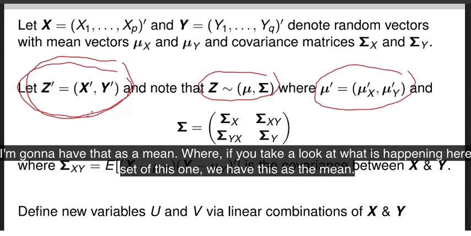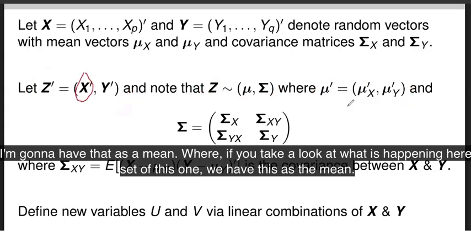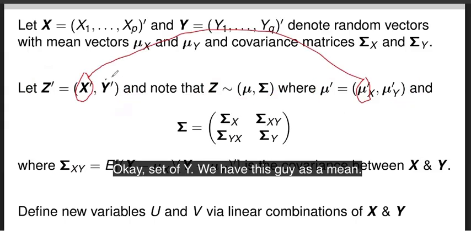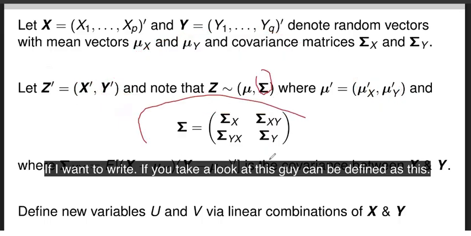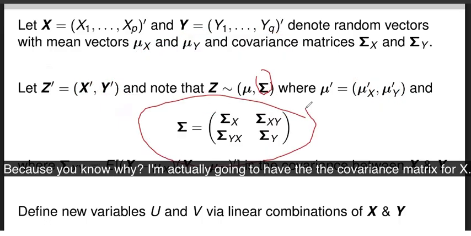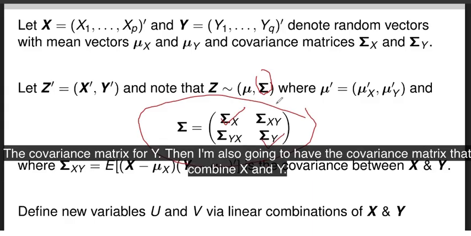For the set of x, we have this as the mean. For the set of y, we have this as the mean. If you take a look at this, it can be defined as this, because I'm going to have the covariance matrix for x, the covariance matrix for y, and the covariance matrix that combines x and y.